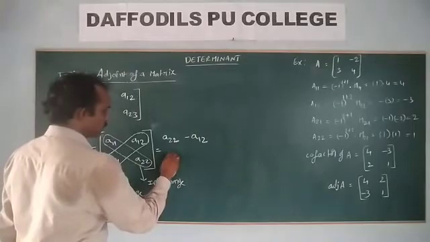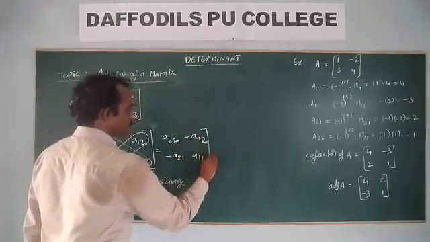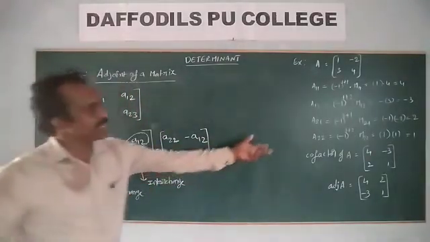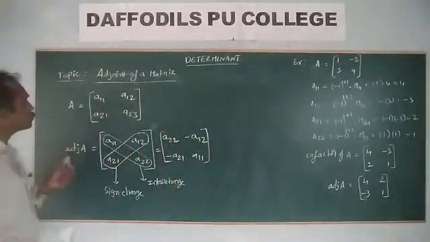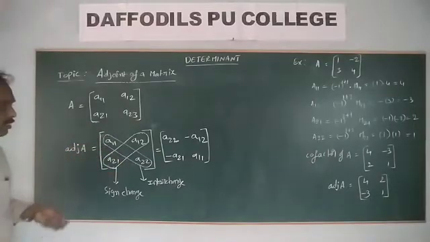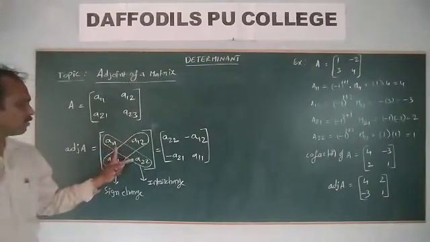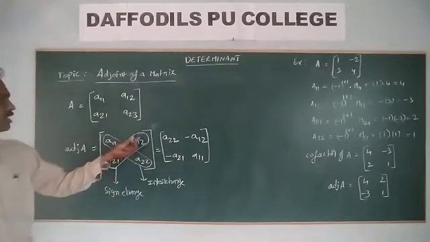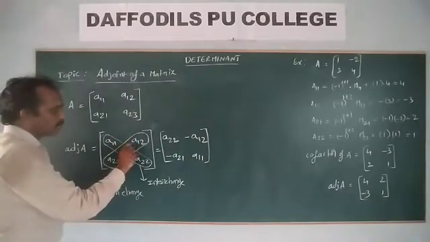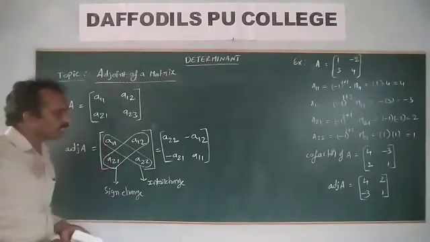This is the resultant answer, adjoint directly. So without finding all these cofactors, for a given 2 by 2 matrix, adjoint A is obtained by applying this method. First and fourth elements interchange: A11 and A22 swap. Next, these elements have no interchange, only the opposite sign is applied. So sign change. This is the direct method.